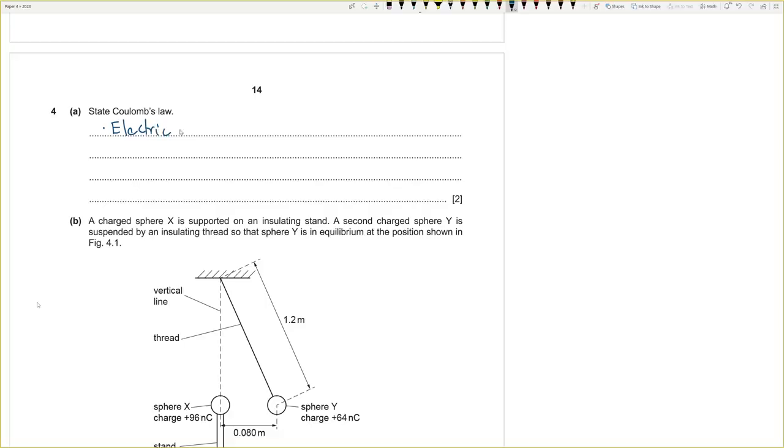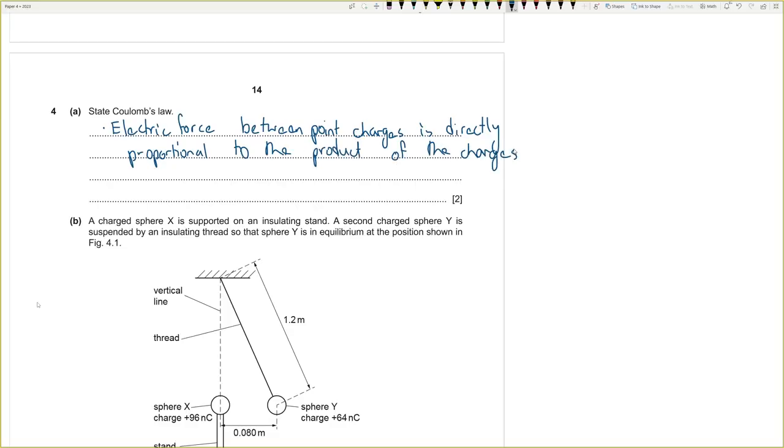So it states that the electric force between point charges is directly proportional to the product of the charges and inversely proportional to the square of the separation.